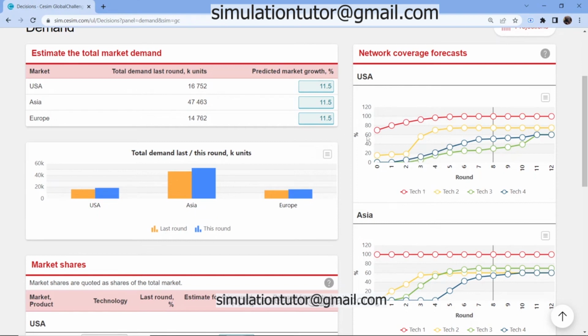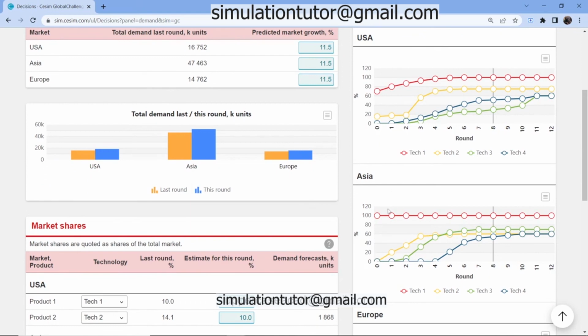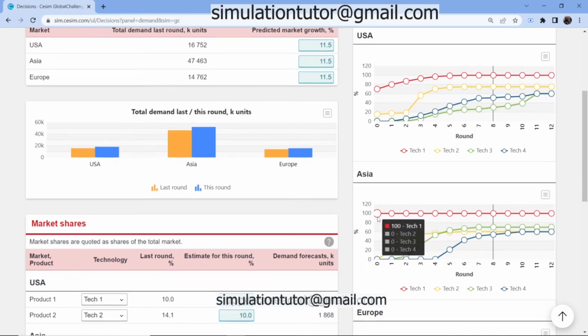Now, if I check on Tech 1, it started with a population of 70%, then it moved higher up until it reached 99%. Then you can see it in Asia. The technology that has high demand in USA is Tech 1. In Asia, it's again Tech 1.